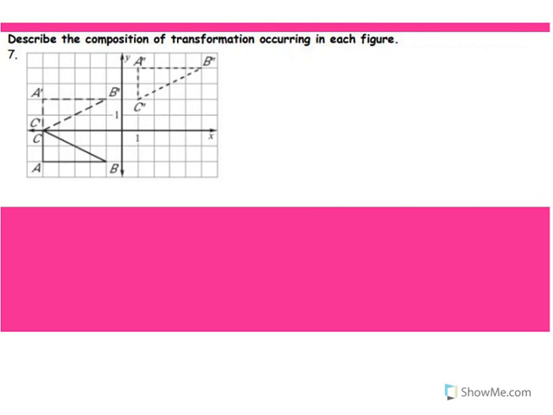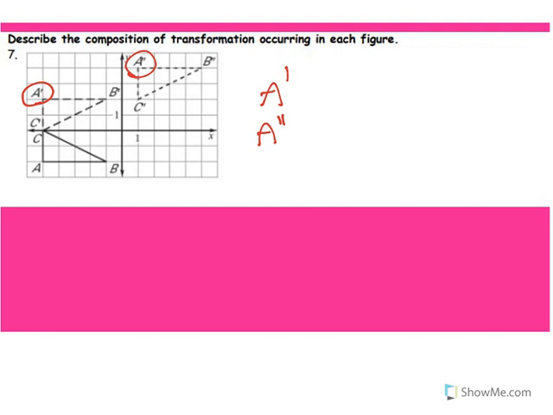So first, let's just talk about what's happening, okay? Notice that we have this triangle here whose letters are A, B, and C without any apostrophes, so no primes going on. Then notice this one is a prime with 1 apostrophe, and this one is a prime with 2 apostrophes.